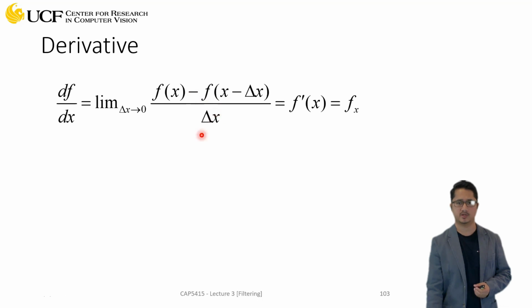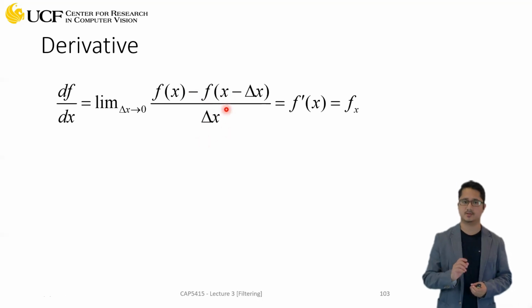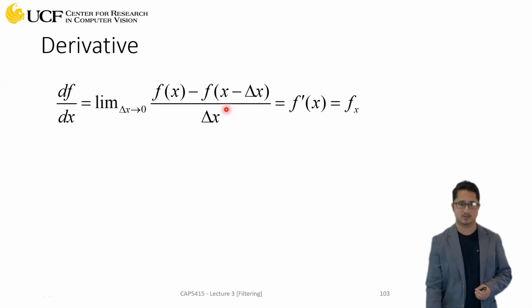And then you normalize that using this interval. So this gives you how fast your function is changing. And as I said earlier, this is also the slope of this function at this point. This is represented as f with a single dash over here, and you also use a subscript x to represent a single derivative.